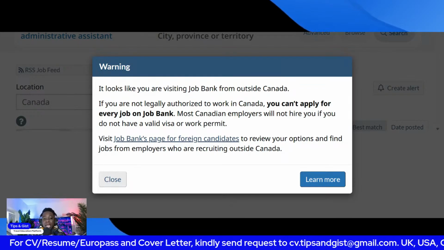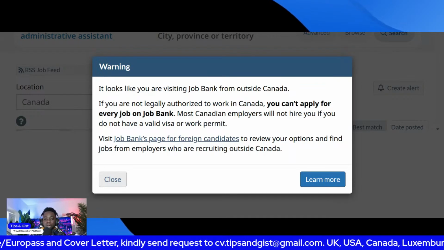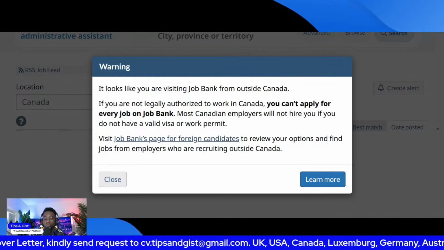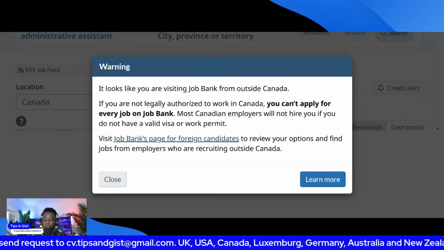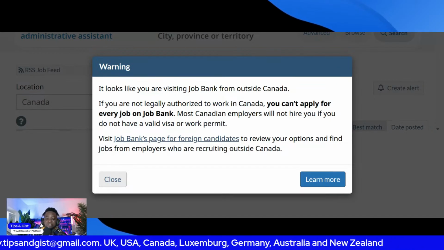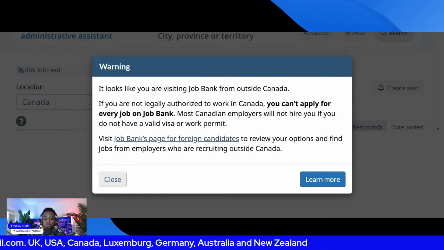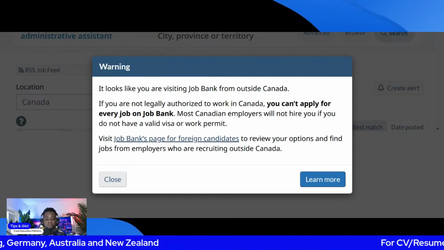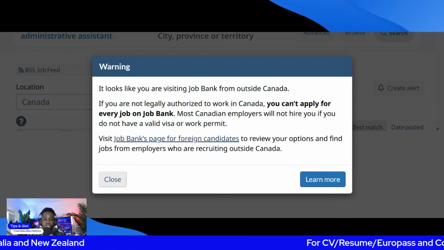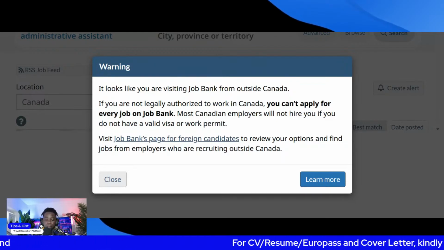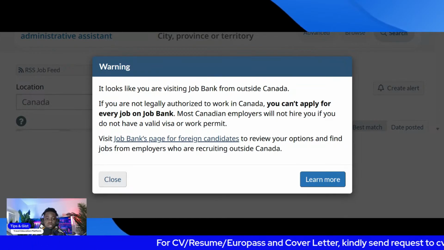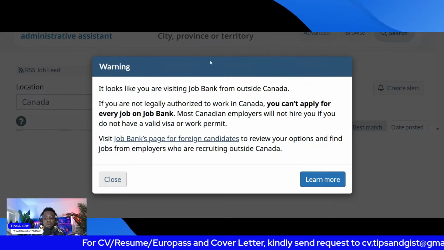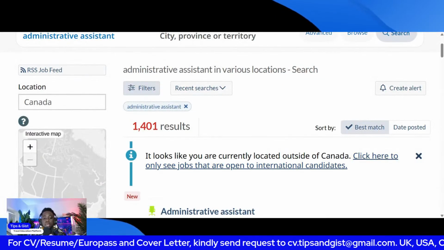And on that part, there are employers over there who are going to recruit you from outside Canada. So if you read the last sentence, they said visit Job Bank's page for foreign candidates to review your options and find jobs from employers who are recruiting outside Canada. And these are the employers we are going to look for. So let us close it. So that is a caution for you to know.